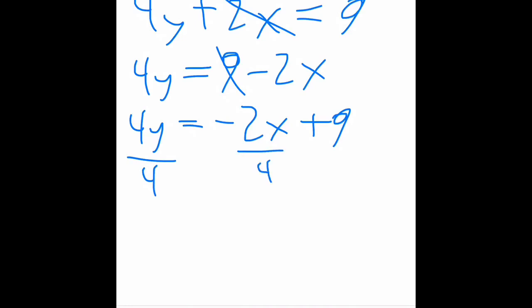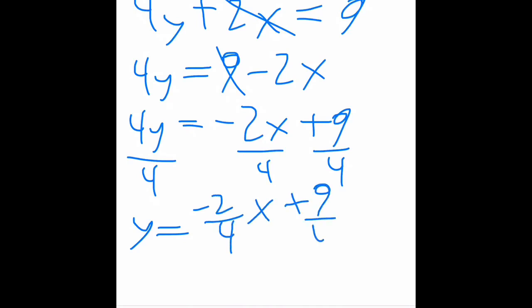Divide by 4 on each of them. Then you get y equals negative 2/4 x plus 9/4. Simplify that to y equals negative 1/2 x plus 9/4.